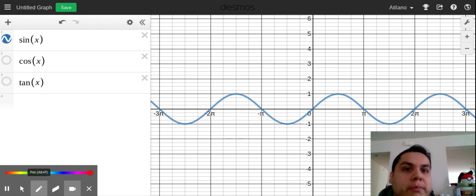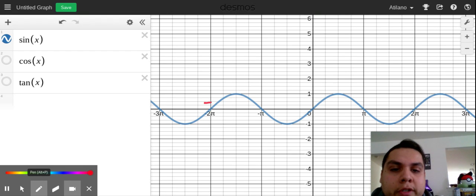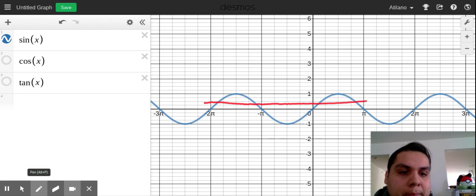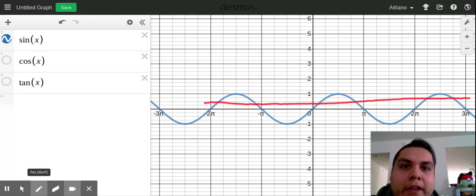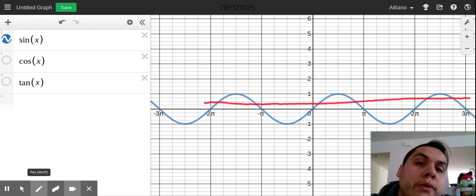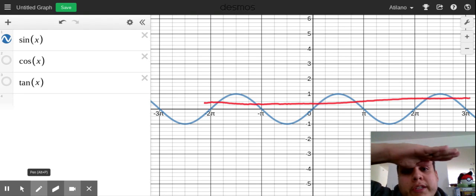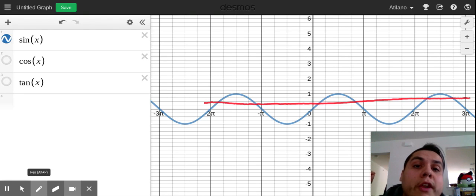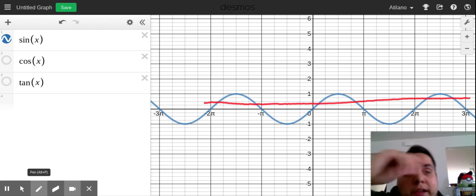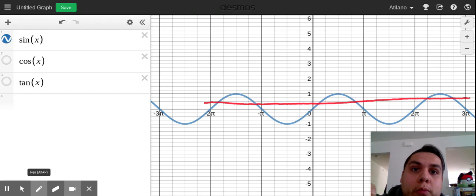Another way to explain that is through the horizontal line test. If I draw a horizontal line as best I can, because I don't have good motor skills, you see that for each of these outputs, which is represented by the horizontal line, there's more than one input. That's how I know it's not invertible.